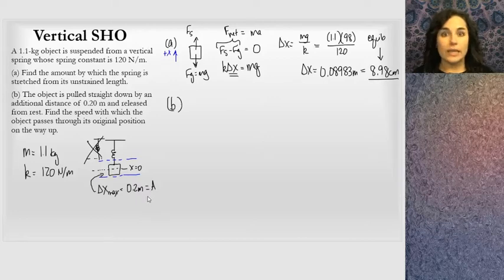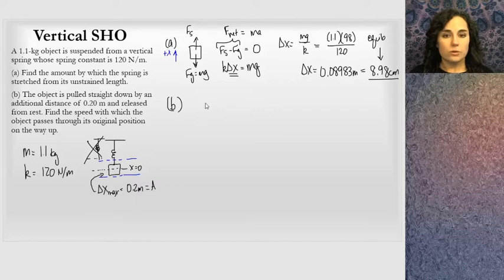It will never gain any more energy than when you have it stretched out and there's no velocity. So it will always go back to that spot, and it will oscillate that high on the top when it moves upward.